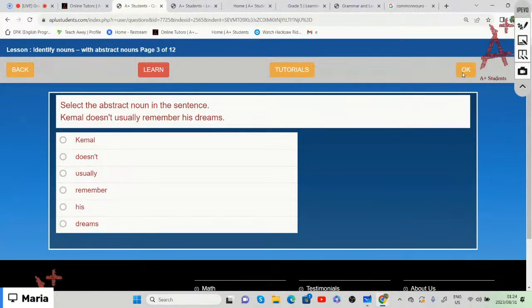Is it remember? Is it his? Or is it dreams? We need to select the abstract noun within the sentence. Kamal doesn't usually remember his dreams. We need to select the correct one.